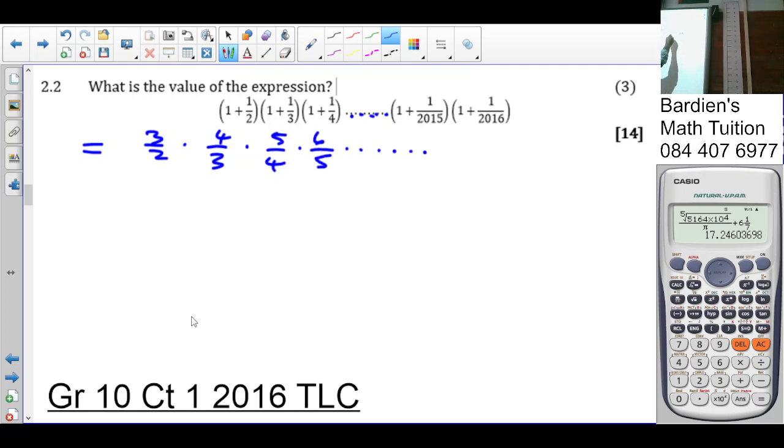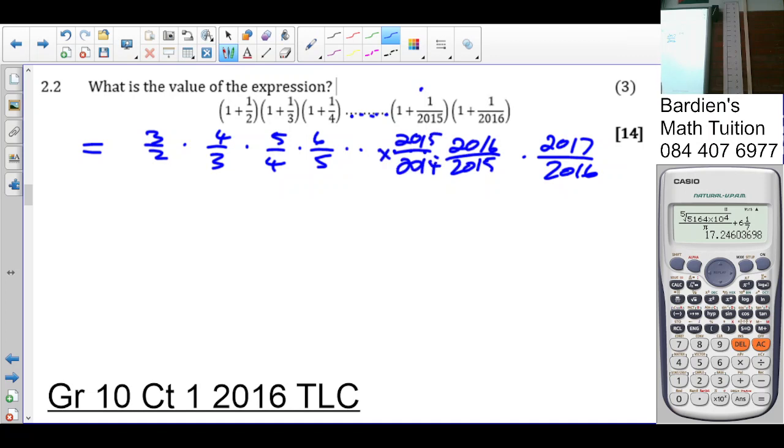Last term here being 2016 over 2015 times this 1 here. The one prior to that is going to be 2015 over 2014, and so on. Okay.